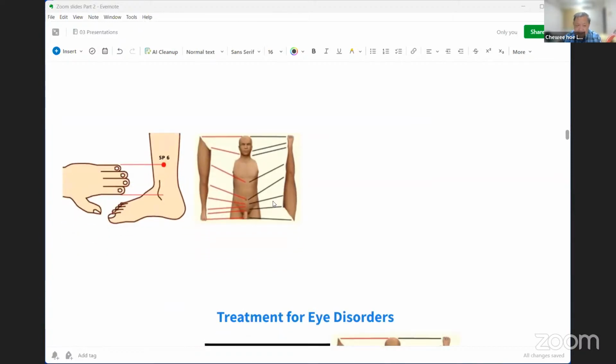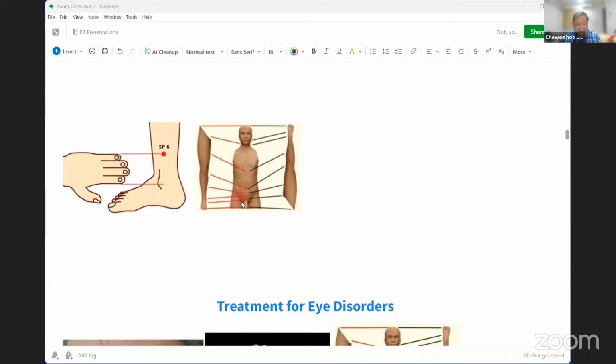To TCM, from this image, you can gather why Spleen 6 is a gynecological point for the uterus and feminine issues, all right? Because it images the lower abdomen.